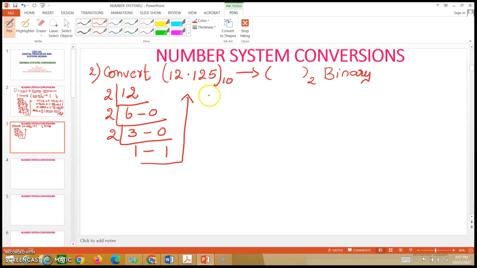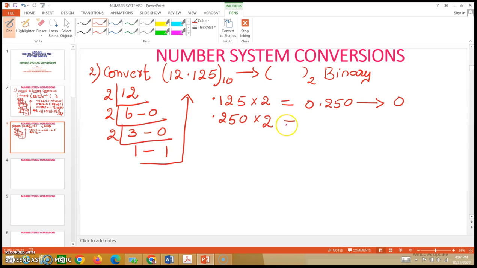Now the next one is the decimal value. We have to take the decimal value and multiply it by 2. So what is 0.125 into 2? It is 0.250. Now consider only the integer part, that is 0, and the second time you multiply the decimal by 2. What is 0.25 into 2?